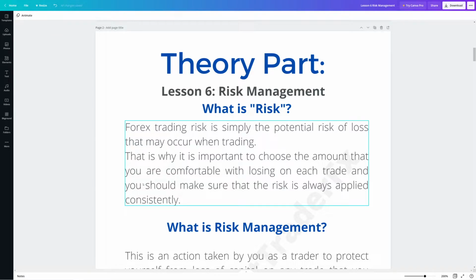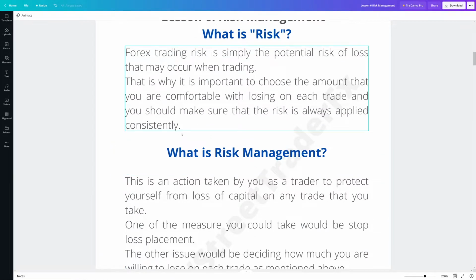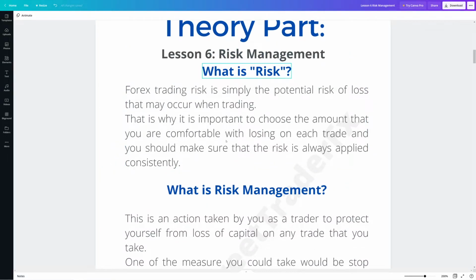Because if you don't know how much you're willing to lose, then you would just make huge mistakes or make big gains and then lose it all in a day. That's possible. So, we're not going to touch on what risk management is, and it's simply just going to be you managing the risk that you are comfortable with losing.